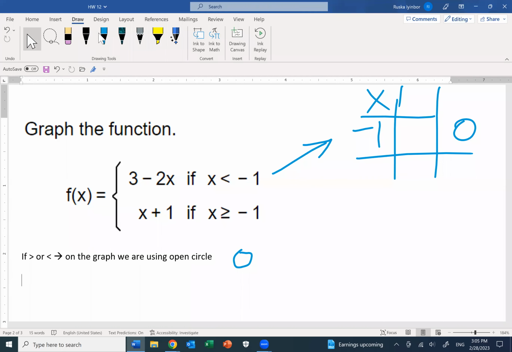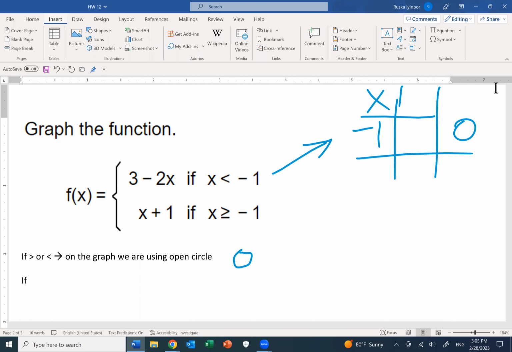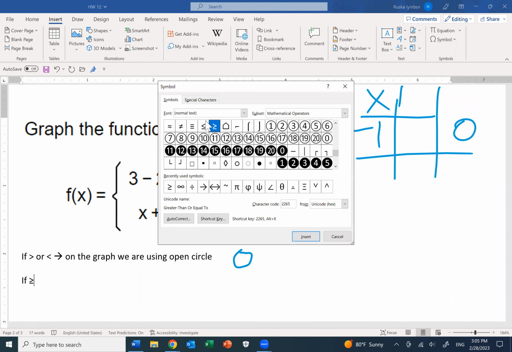Now, if you have, let me insert greater or equal, or if you're using less or equal, I have to find it. I don't know where it is. There you go.